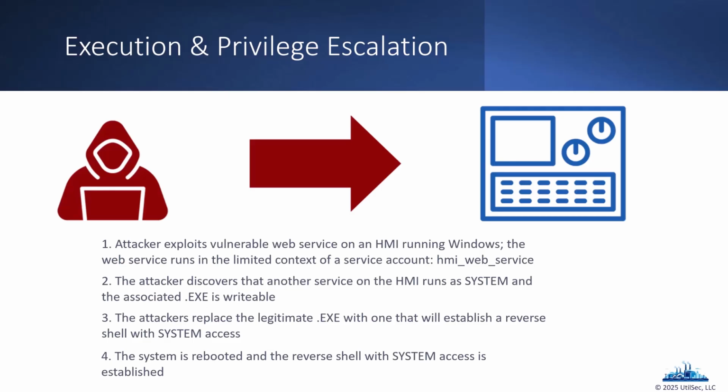And it's very common to find another service running on that machine with SYSTEM privileges. And sometimes, not always, but sometimes, the executable for that service actually has writable permissions. So you can actually replace that executable with whatever you want.